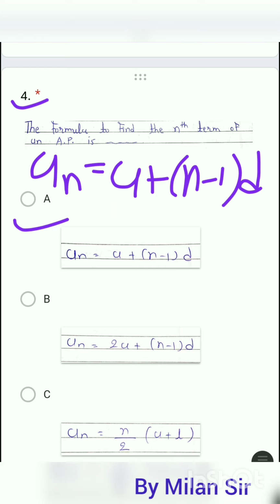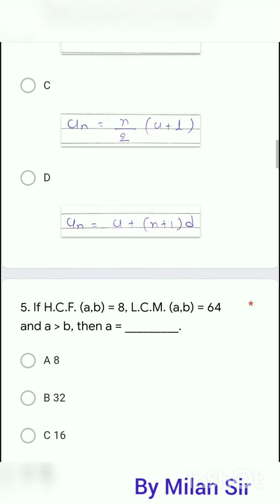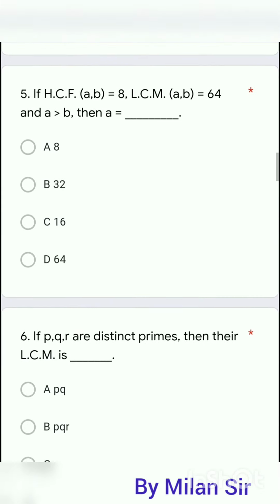This is our first option, so option A is correct. The formula for finding the nth term is A plus N minus 1 times D, option A.